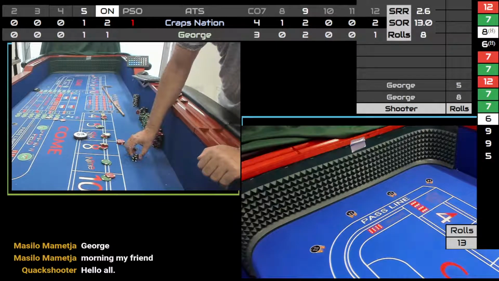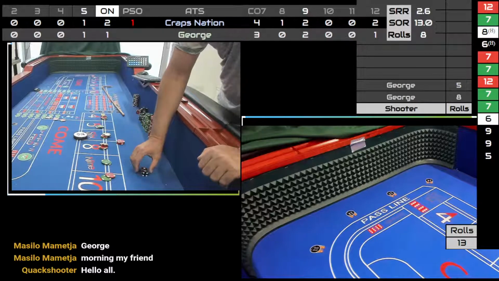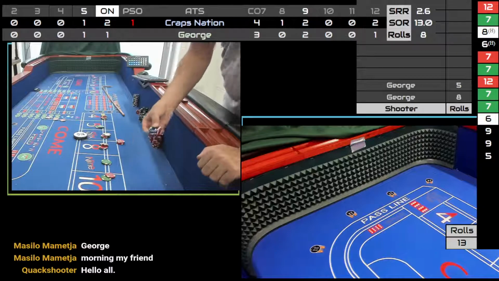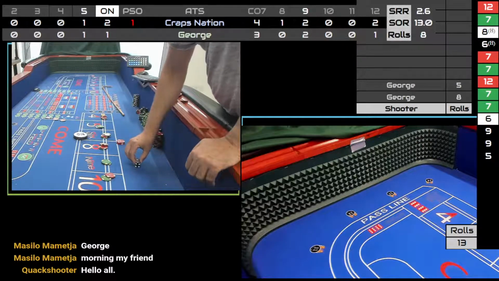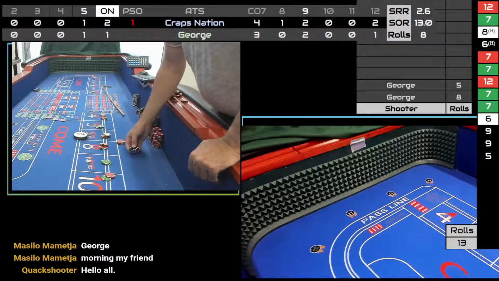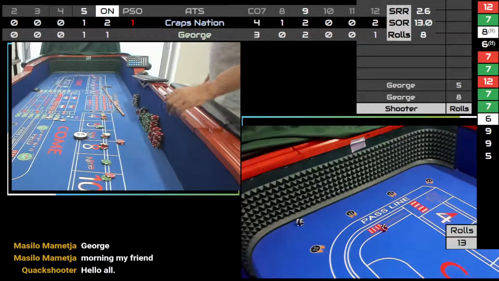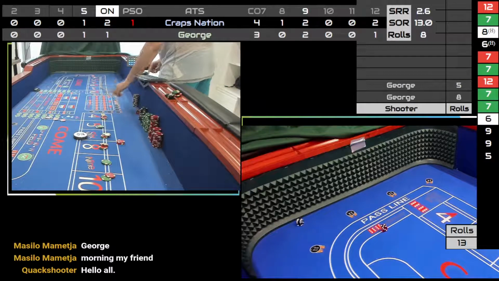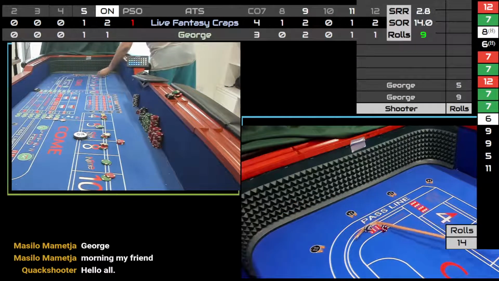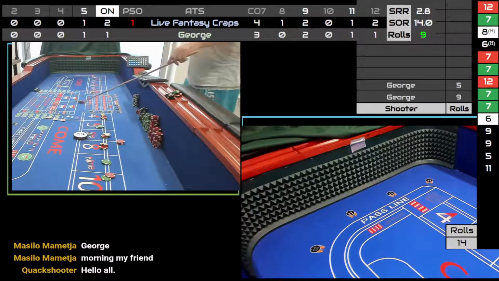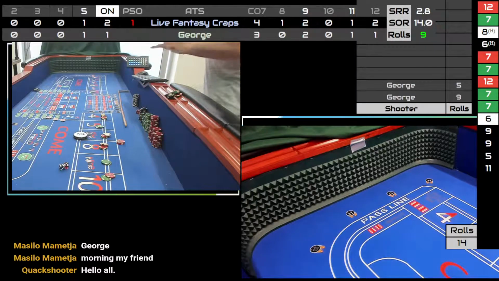It's 1, 2, 1, 3. Off axis this one. So this is the problem here.